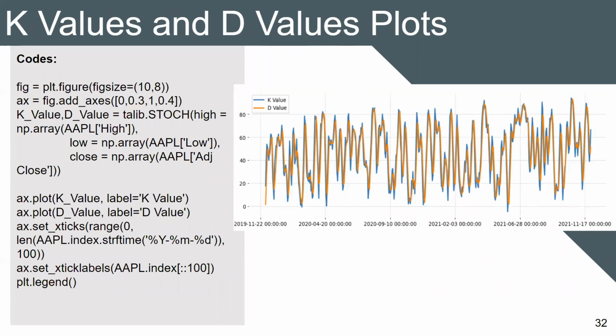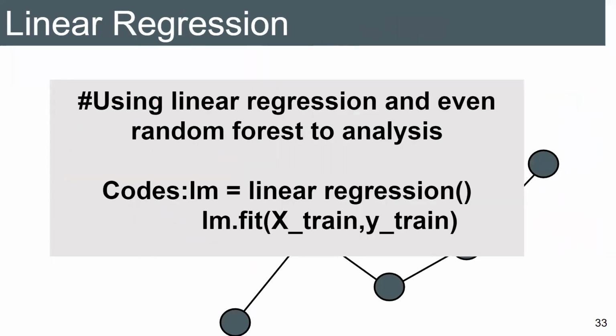For this part, we draw the K value and the D value plots, and we use TA-Lib and the plot function to use the low point and close price to draw the key values. Then there is a linear regression where we use the method of train model, and this part is about modeling and predicting future price trends.